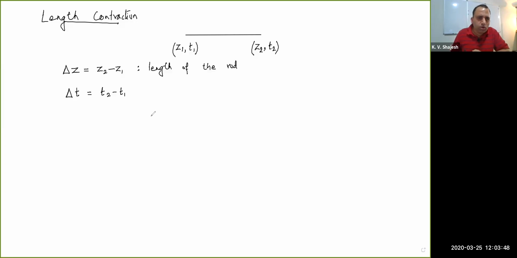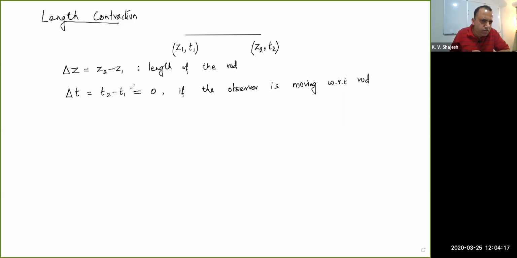But here is what the method of measurement involves. We will require delta t to be zero if the observer or the frame is moving with respect to the rod.